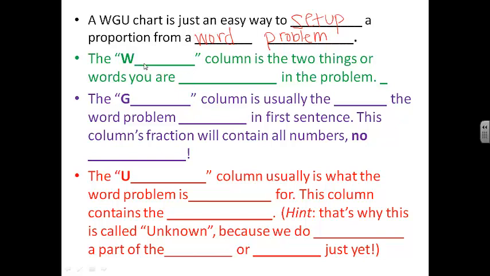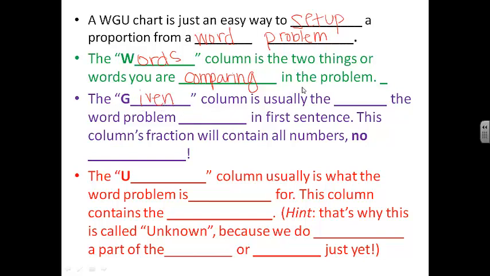Okay, the words column is the two things or words you are comparing in the problem. Could be feet to yards, or pounds to ounces, or well, we'll do some examples in a second. Okay, the given column, given means they give it to you.